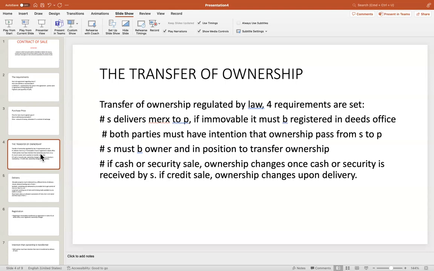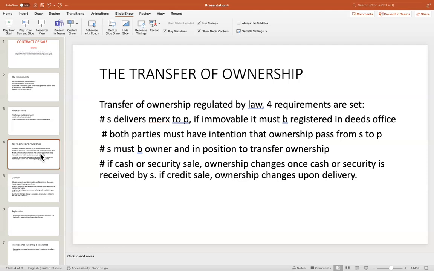Okay, so we do have the 4 requirements that are set for the transfer of ownership. In order for the transfer of ownership to actually start or commence or finish, there are different types of delivery that can be used. For example, let's say you bought my cell phone, and I have to deliver the phone to you, give it to you, and that's where the ownership has now been transferred to you.